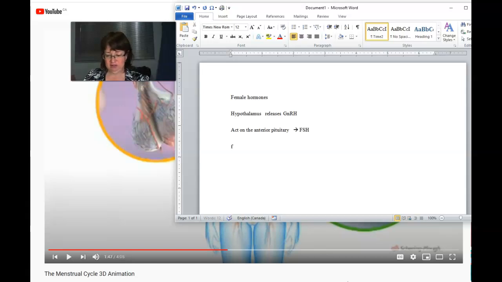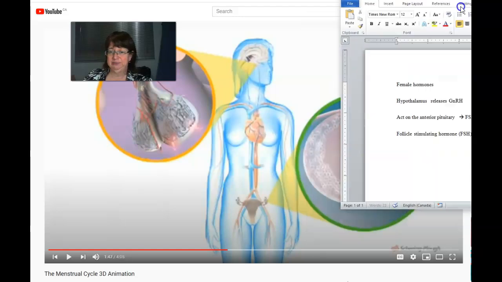Then follicle stimulating hormone, FSH, will start the development of the follicle. Now realize the follicle will eventually become the egg, but there's sort of different terms because it's not like the sperm where you just have a nucleus with a tail on it. There's a lot of cells involved.